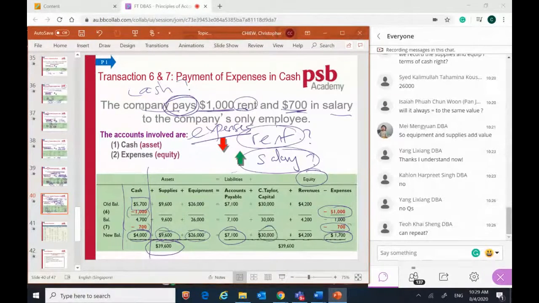Capital 30,000. Revenue just now we got 4,200. Expenses 1,700. If you add up all, 39,600. Is your left hand side equal to the right hand side? Okay, can you see how it works?